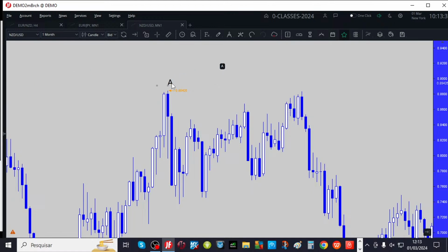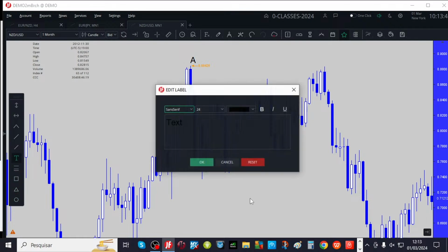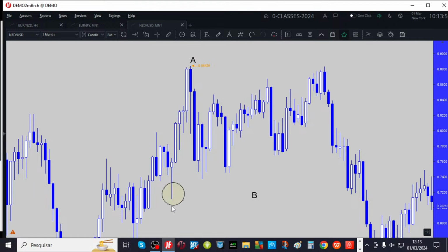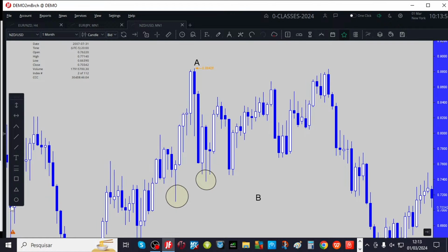If this is the A, which one is the B? The B is the first low as soon as possible after the A. So is the first circle the B, is the second circle the B, or is the third circle the B? Which one is the B?